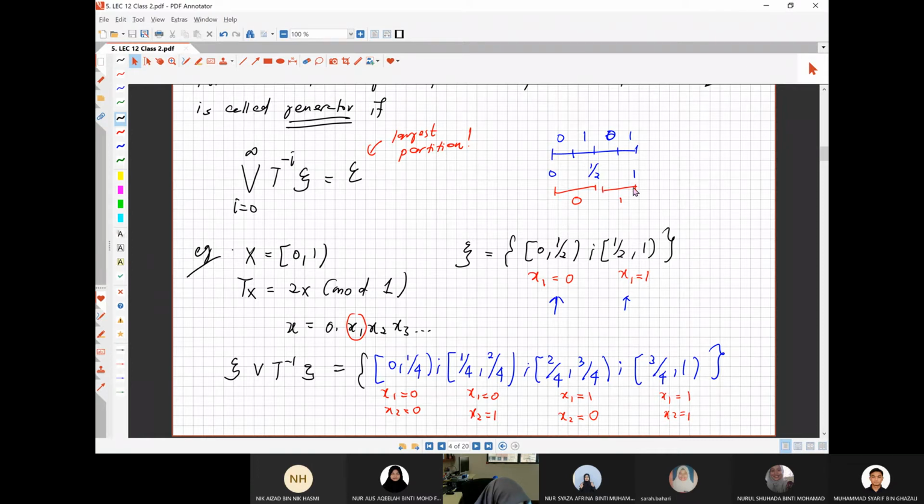So x1 is 1, and if you divide again by 2, I get x1 is 1 and x2 is 0, or x1 is 1 and x2 is 1. Until here okay?